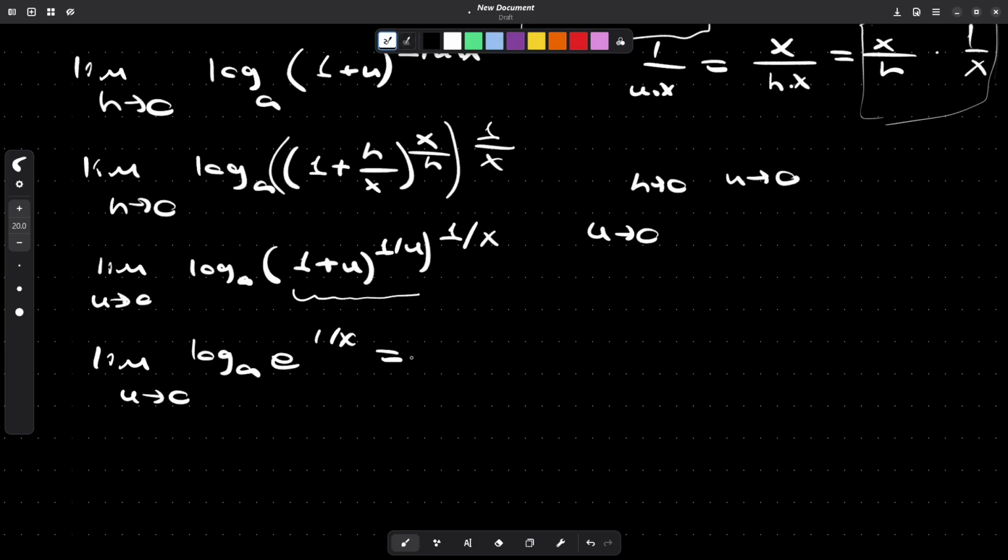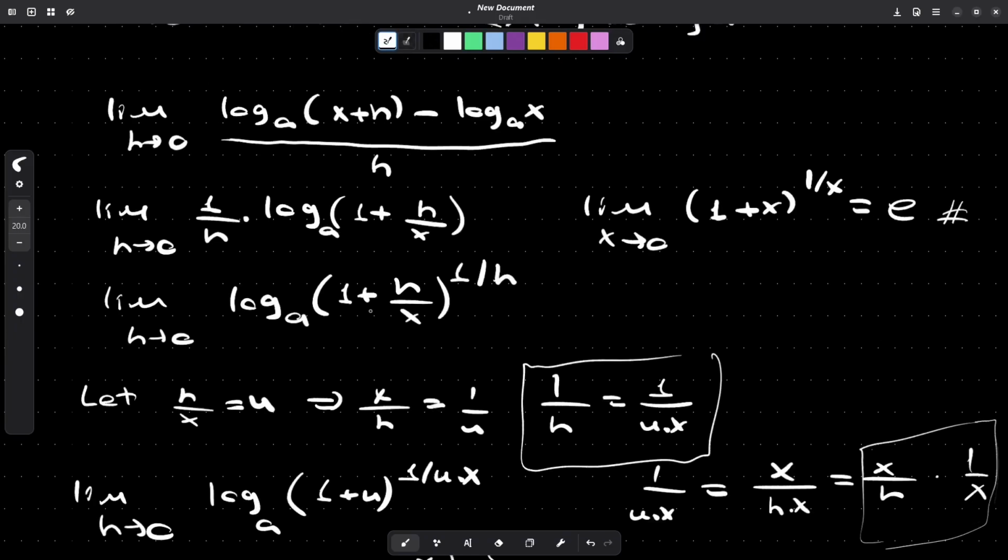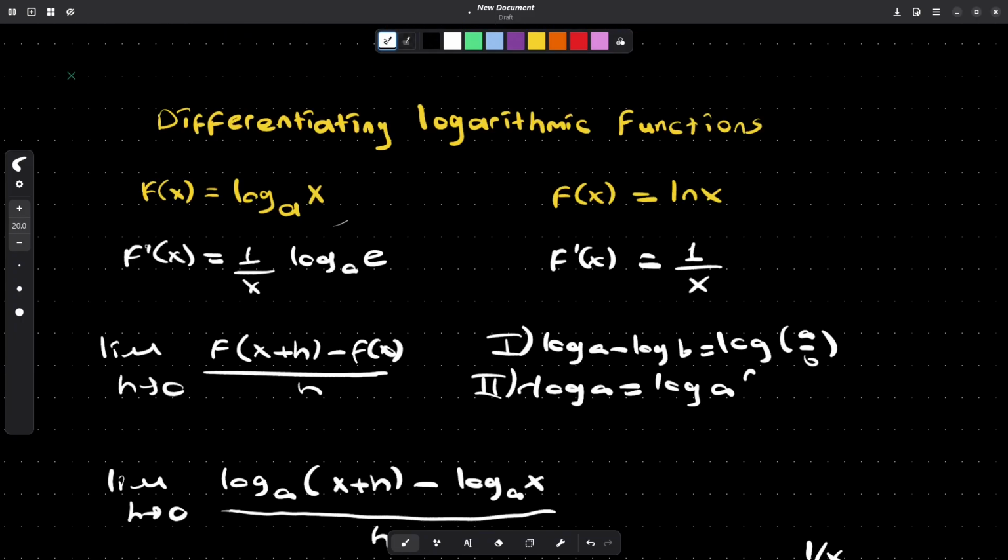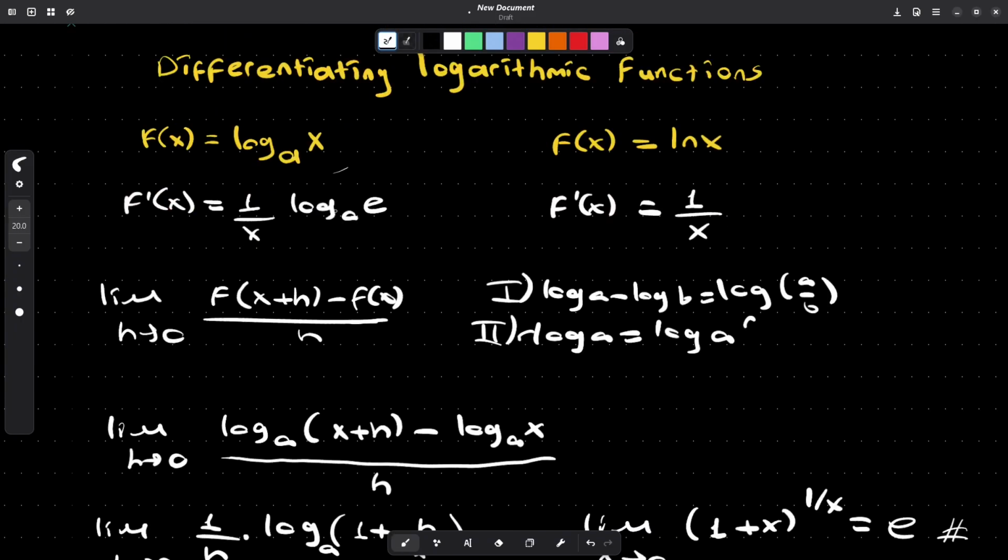There's no u here, so all of this is a constant. Log base a of e to the 1 over x. By the logarithmic rules, 1 over x multiplied with log base a of e. We found the derivative we gave before proving this.